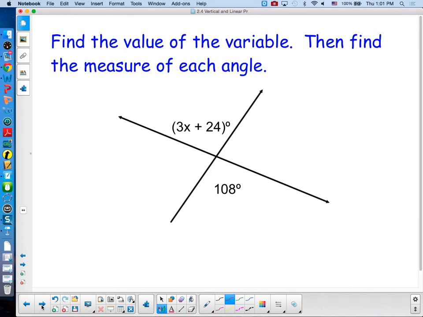Well, what was it on the last one? It was 102 and 78. I kept the same picture, so I didn't want to change the number too much. But how are you going to set this one up? 3x plus 24 equals 108. They're vertical angles.